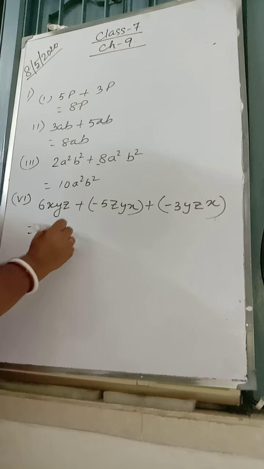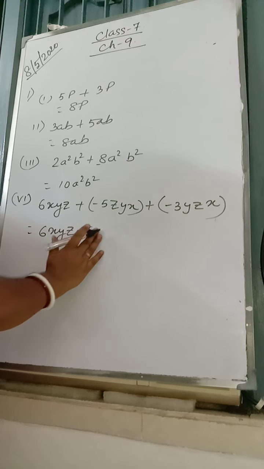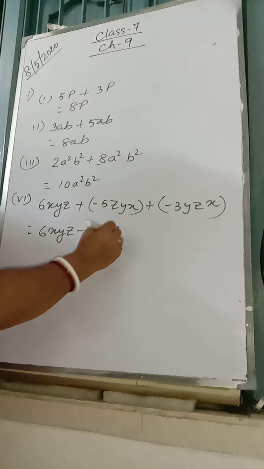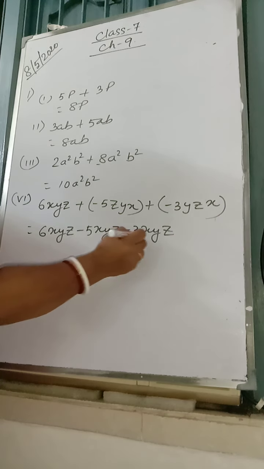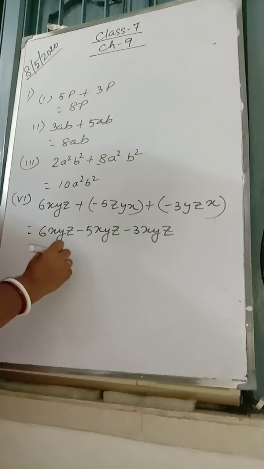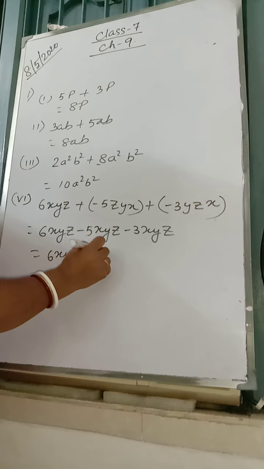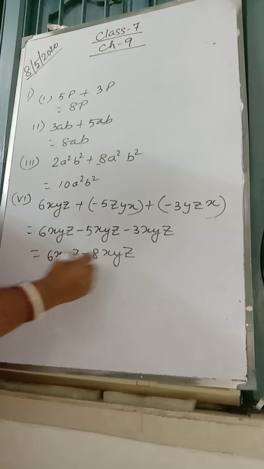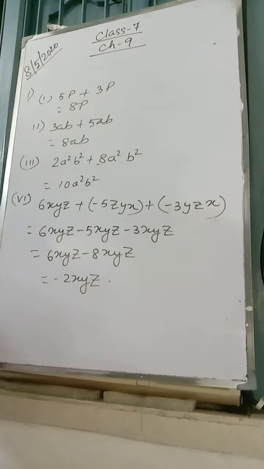So this gives you 6xyz minus 5xyz. These two are negative, so these two will be written together, 8xyz. So the answer is minus 2xyz. Clear? In this way you have to write.